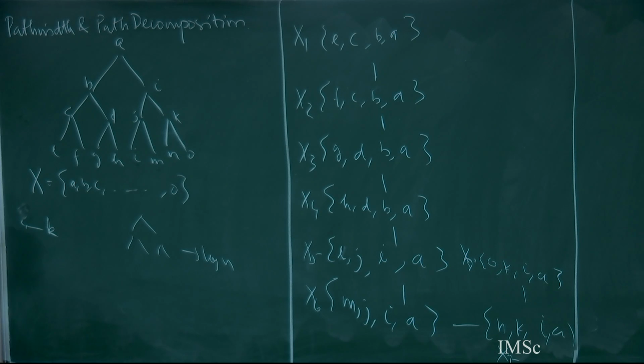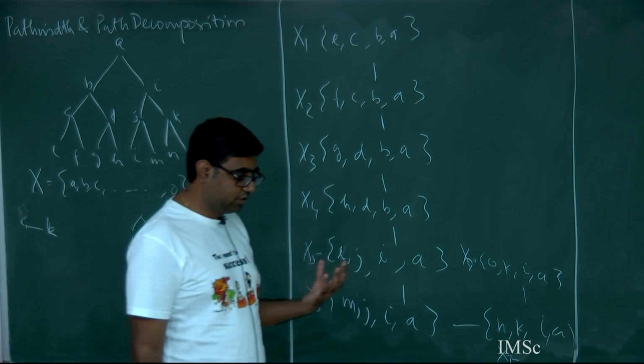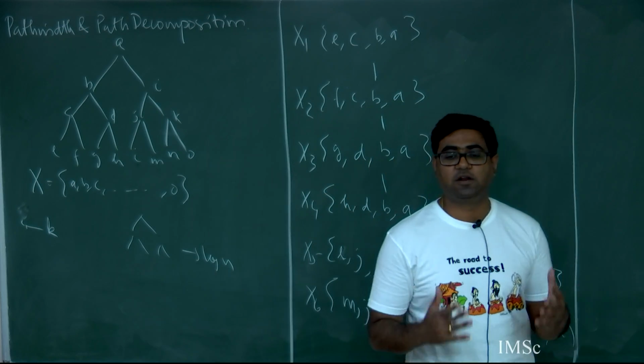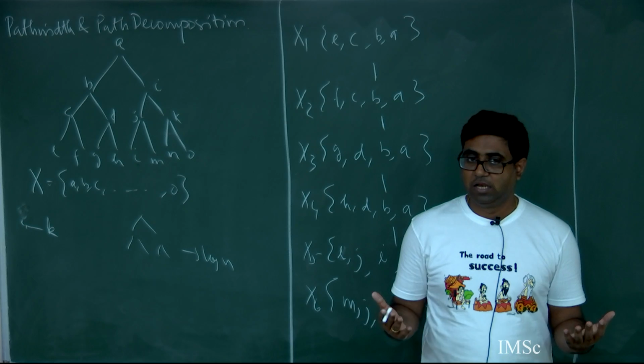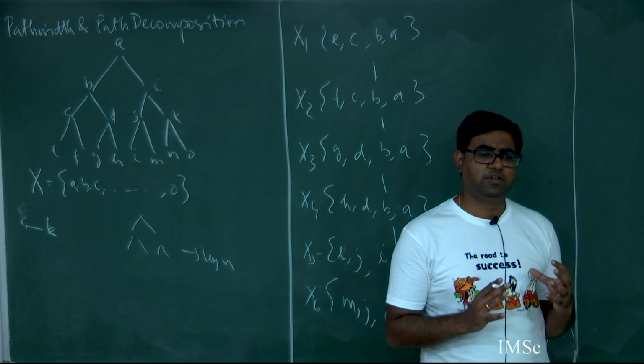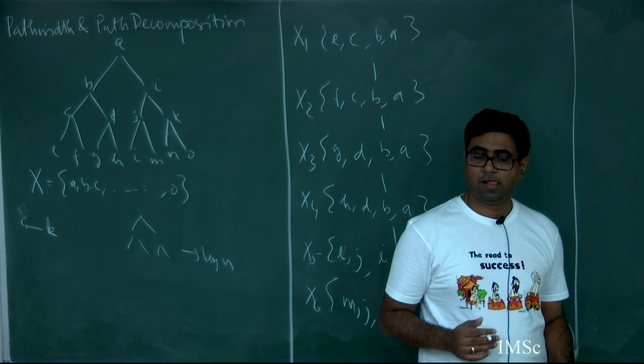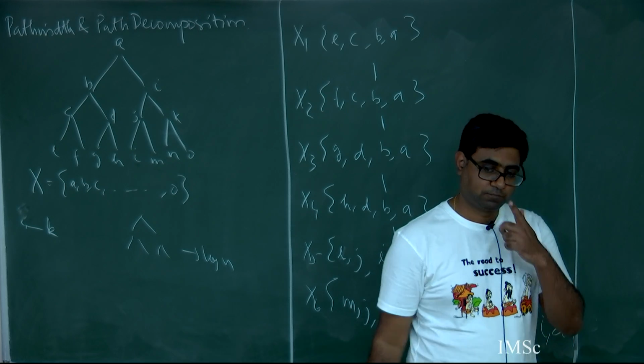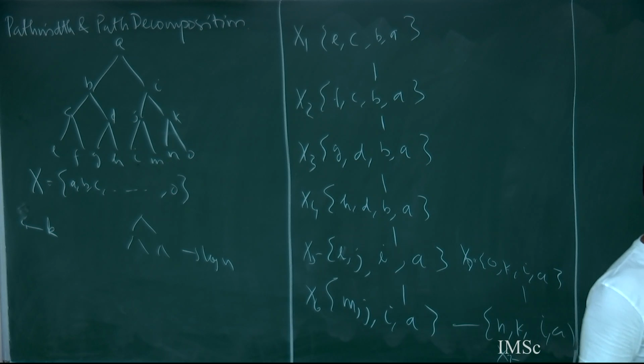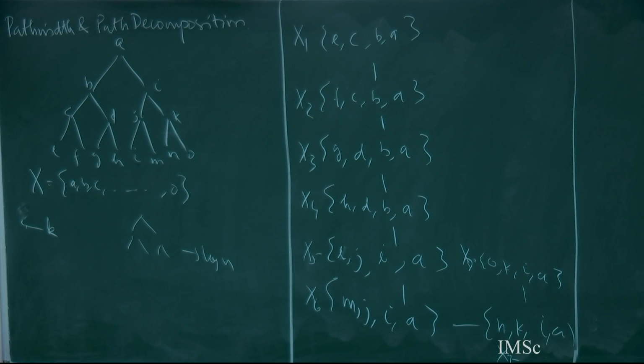All I want to tell you is that now you can ask a question. Path width is a measure of how path-like a structure is. Now you can ask, what is the path width of a clique? Basically the whole vertex set, and you can prove you cannot do better than that.